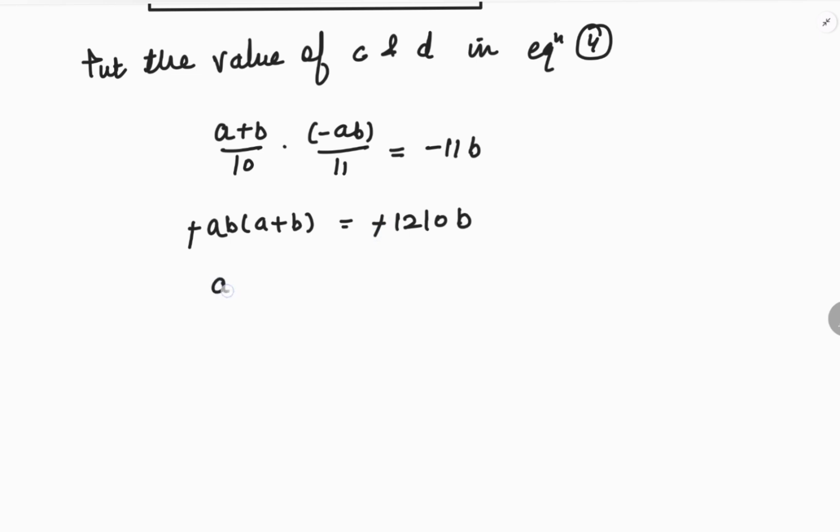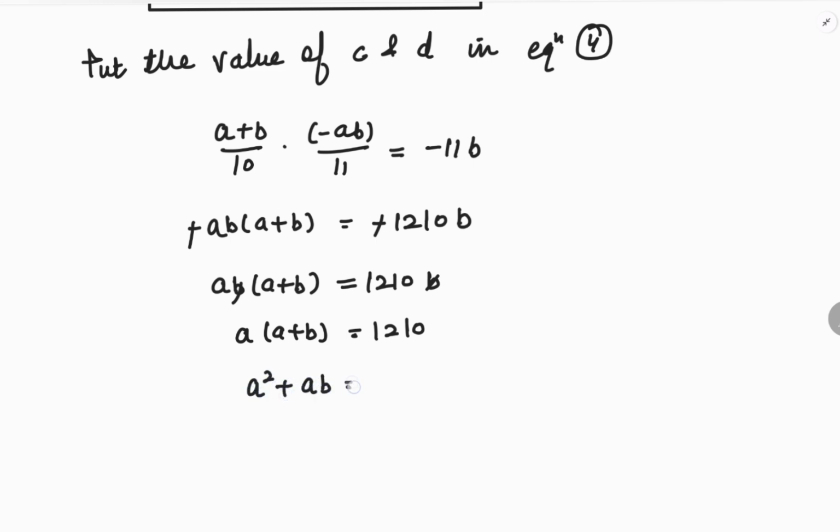Here we have AB, in bracket we have A plus B is equal to 1210B, and now dividing both sides by B as well. Okay, so what will we get? A times A plus B is equal to 1210. And what do we get now? We get A square plus AB is equal to 1210, which implies AB is equal to 1210 minus A square.